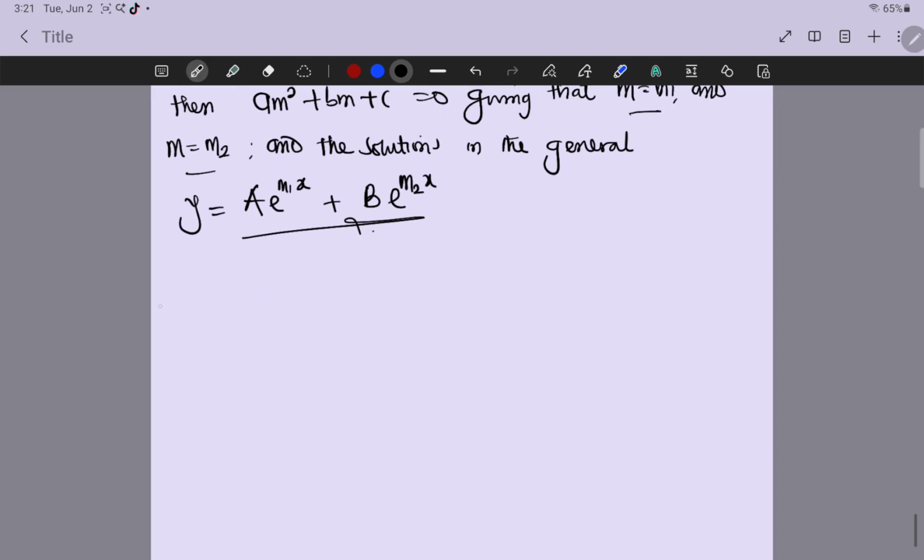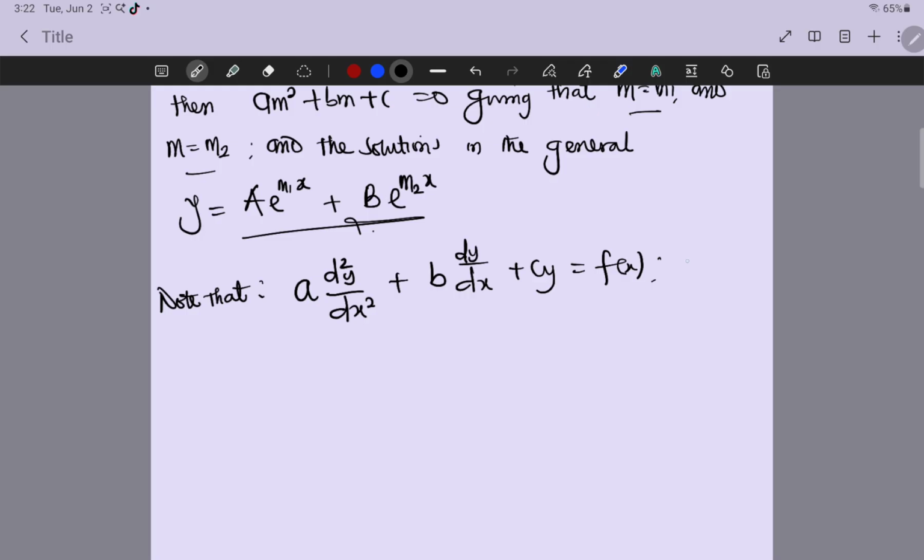Note that when we say a d squared y over dx squared plus b dy over dx plus cy is equal to f of x, as long as f of x is not equal to 0, then we call this an inhomogeneous equation.